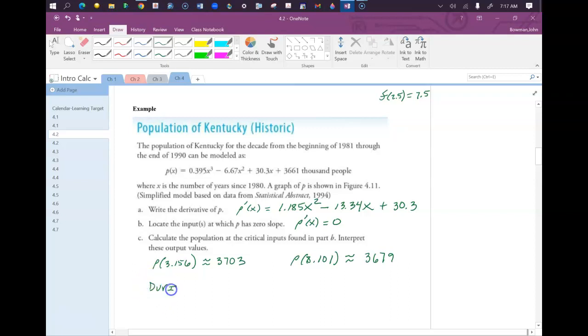during 3.156, that'd be 3 years after 1980.